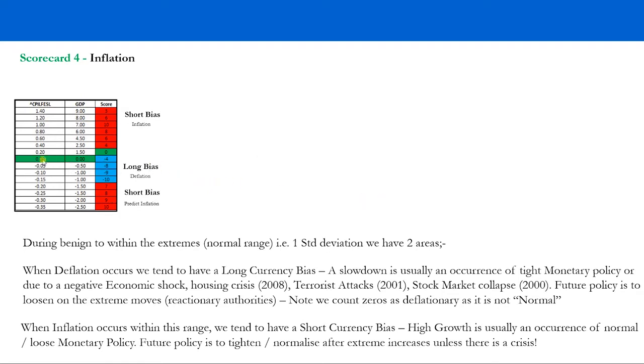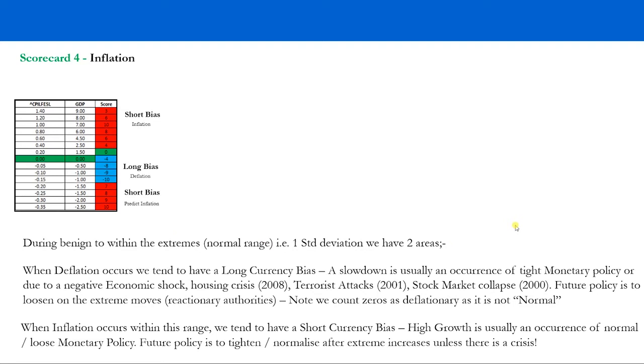And you can see here that we're going up in increments of 0.2% on the inflationary side, and it's tighter on the deflationary side, going down in increments of 0.05% on the scorecard. And these numbers are again associated historically with certain levels of real GDP growth. And then we assign our scores as inflationary, deflationary, and in the zones of short and long bias.